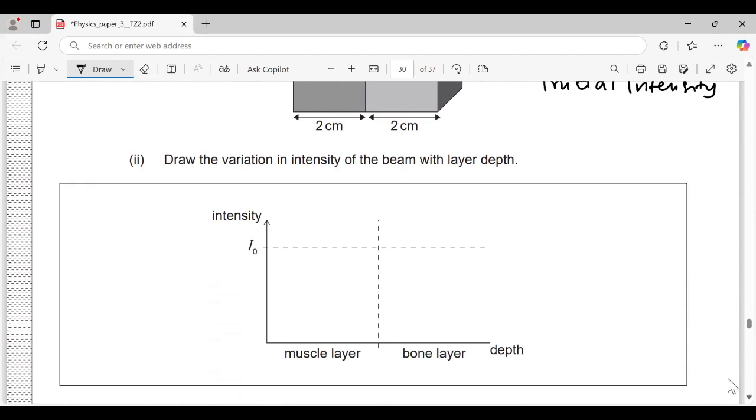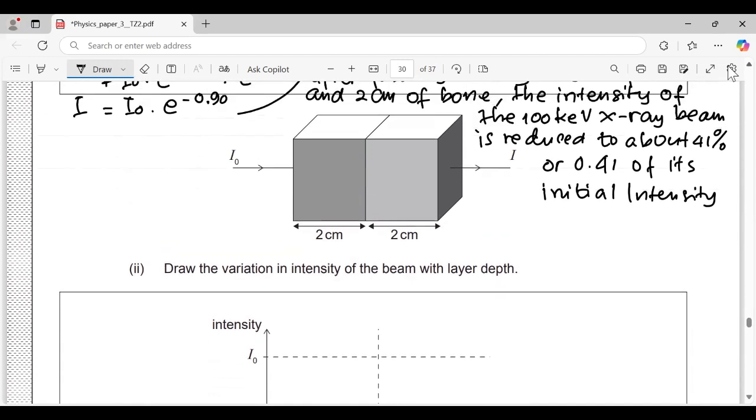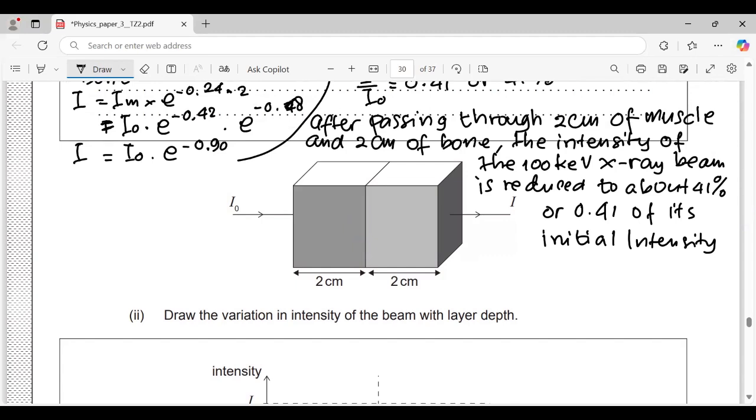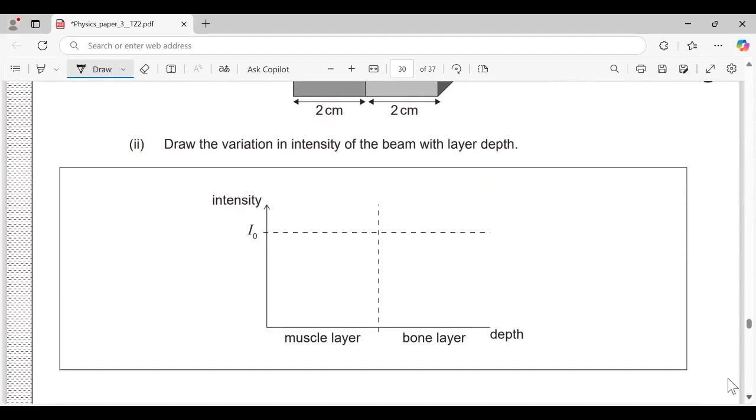Draw the variations in intensity of the beam with layer depth. Okay, from this diagram, this is the initial intensity, then the 2 centimeters layer of bone, and we are going to sketch, draw muscle and bone.